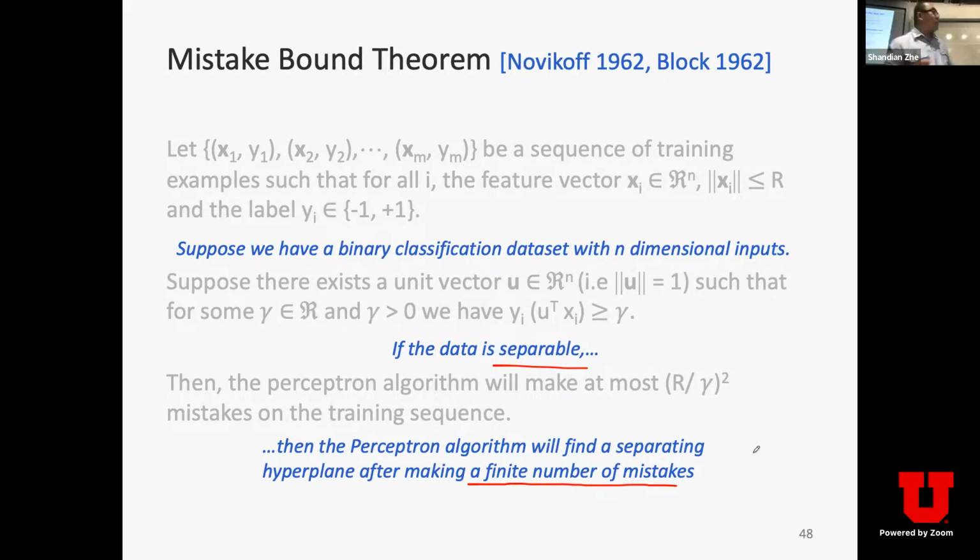Remember, a finite number of mistakes. After making each mistake, the perceptron will update once. So it basically means the perceptron algorithm will find a separating hyperplane after doing a finite number of updates. That is what the Mistake Bound theorem tells us.